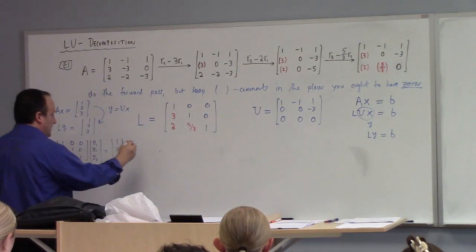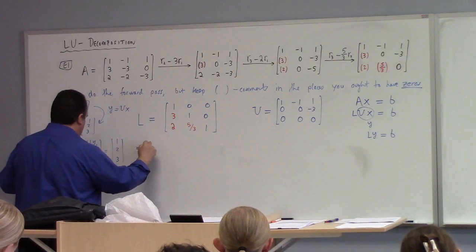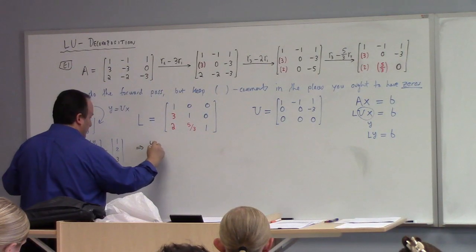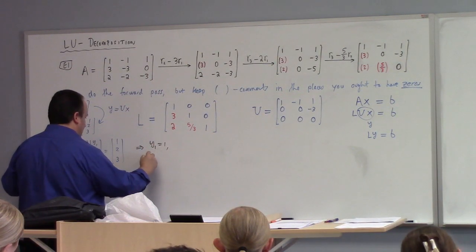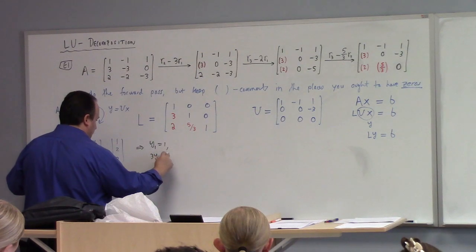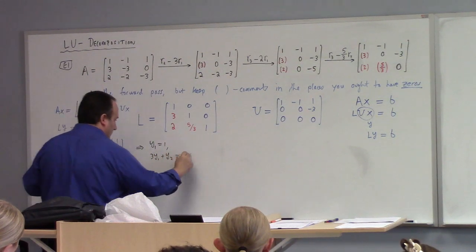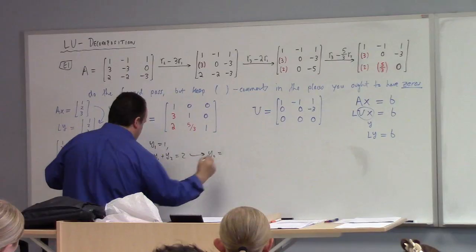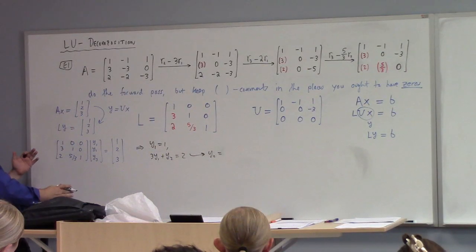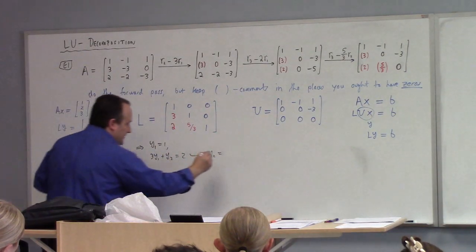So this gives me y1 is equal to 1, right? And my second one is 3y1 plus y2 is equal to 2, which tells me that y2 is actually equal to what? -1, very good.